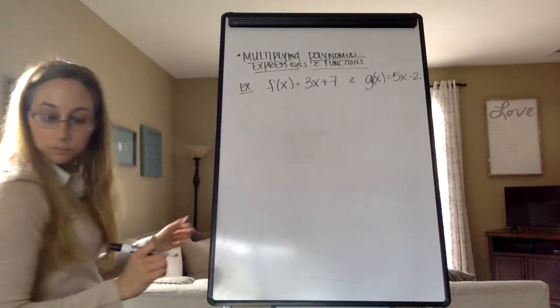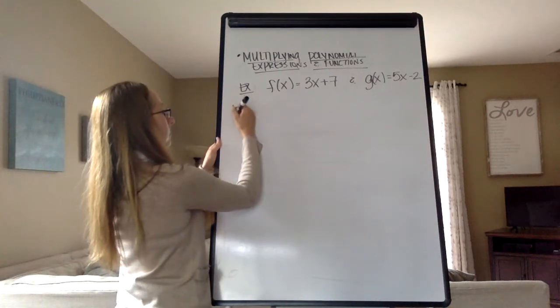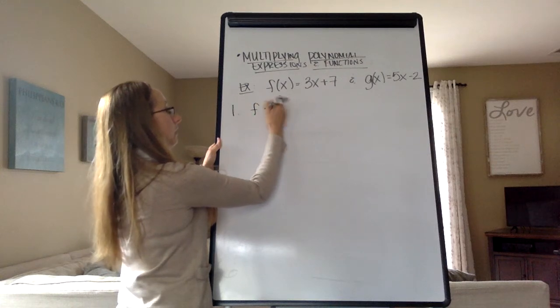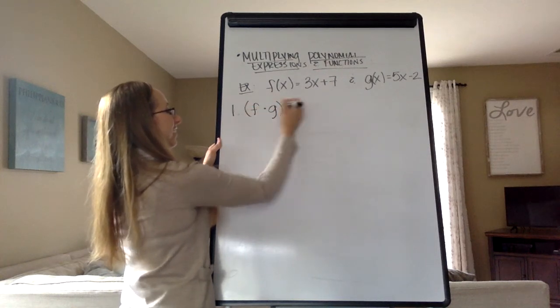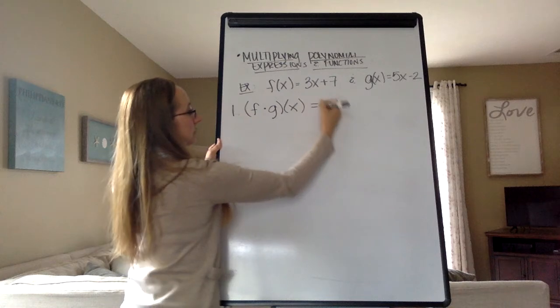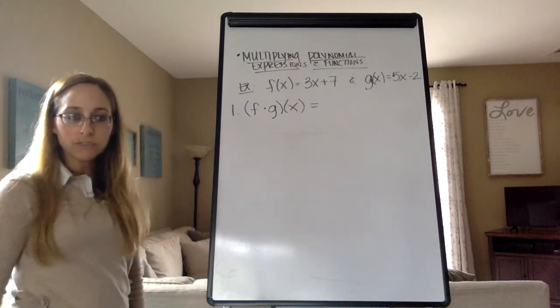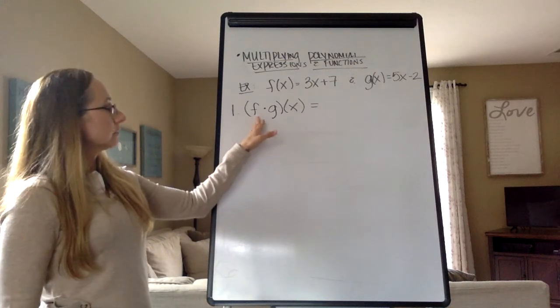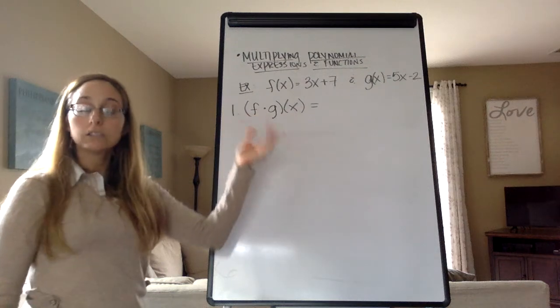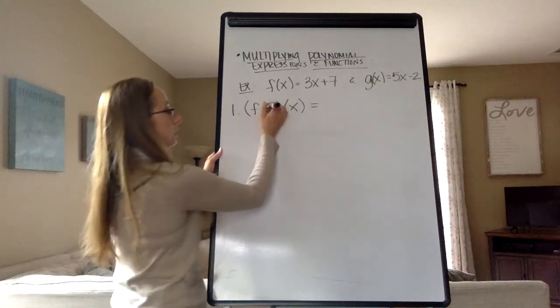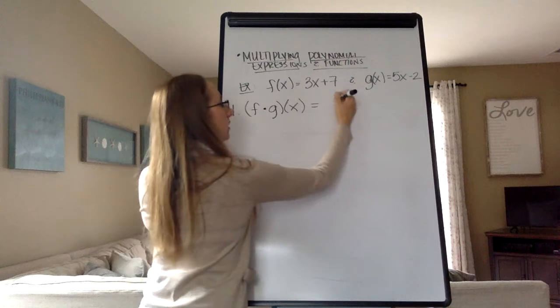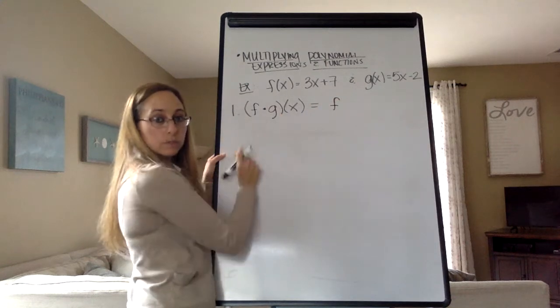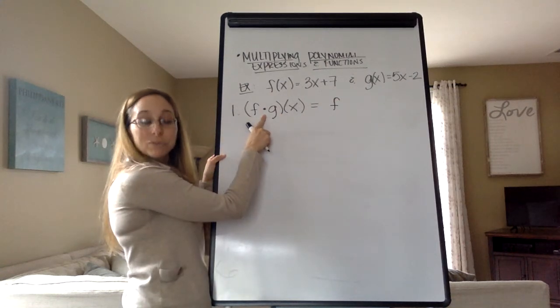Let's go ahead and look at f times g of x. So f times g of x, what is that saying? Again, you're taking f of x times g of x. Remember what this means. Because it's a closed circle, it's multiplication.